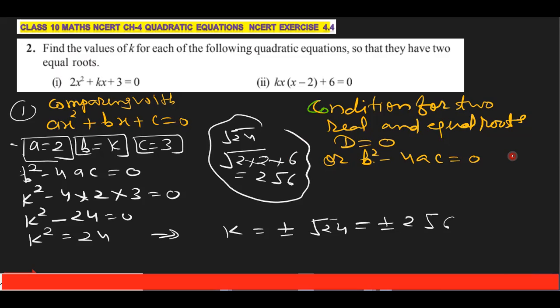Yes. So the value of k is equal to plus minus 2 root 6. That is the answer of the first part of this question. In 2x square plus kx plus 3 is equal to 0, where the roots are real and equal, the value of k will be plus minus 2 root 6.